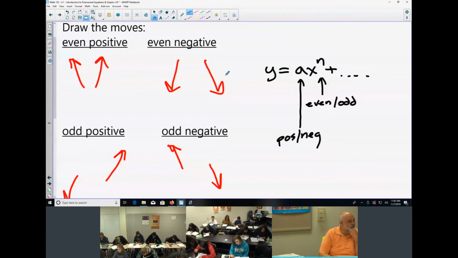So this is what you should have on your paper. And the even and odd is determined by the exponent. Positive or negative is determined by the leading coefficient. So when I say even positive, I'm looking at the exponent first and the leading coefficient second.